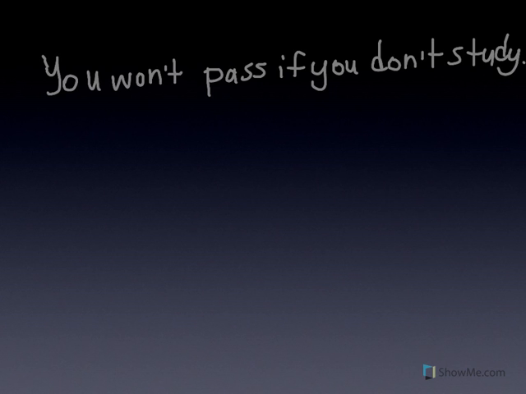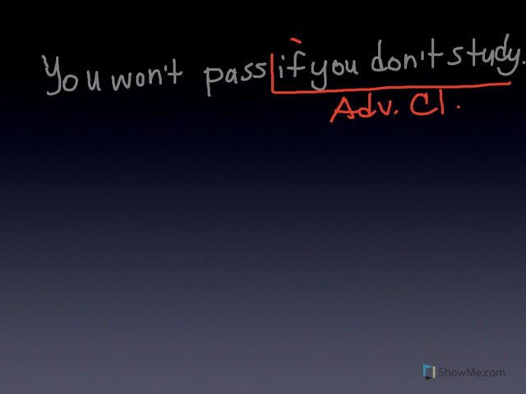Here's another example. You won't pass if you don't study. Now notice that our if clause, our adverb clause, is now at the end. So that is where we want to replace if with unless. We keep this part the same because this is our main clause.